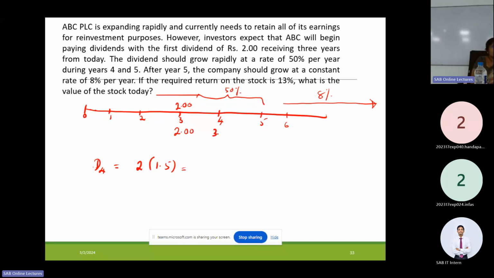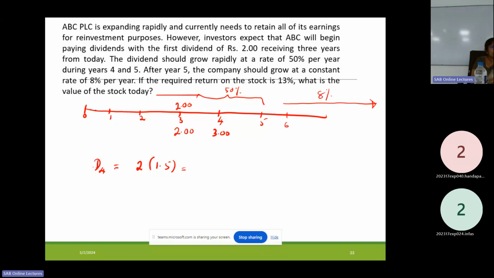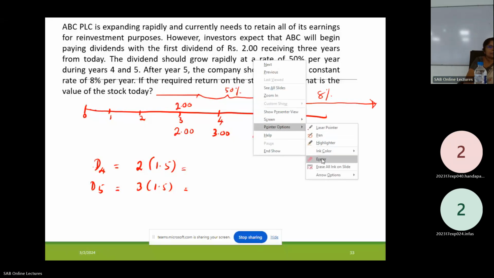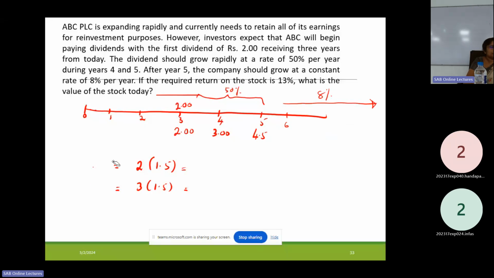That is 3 rupees. Then year 4 to 5, again, the dividend is increasing by 50%. So 3 into 1.5. So again, 4.5, no? 4.5. So these are the expected dividends for year 4 and year 5.